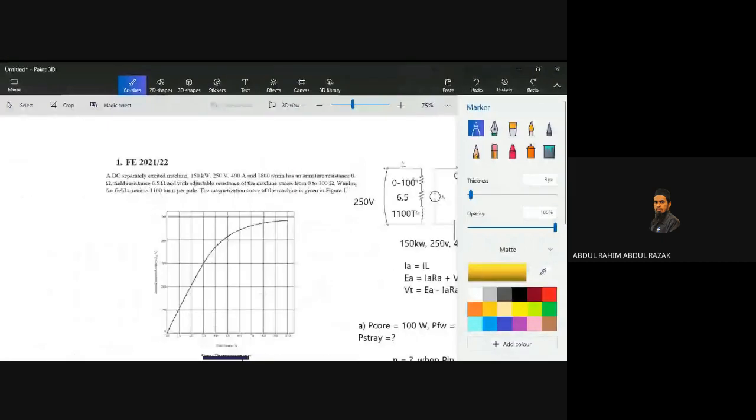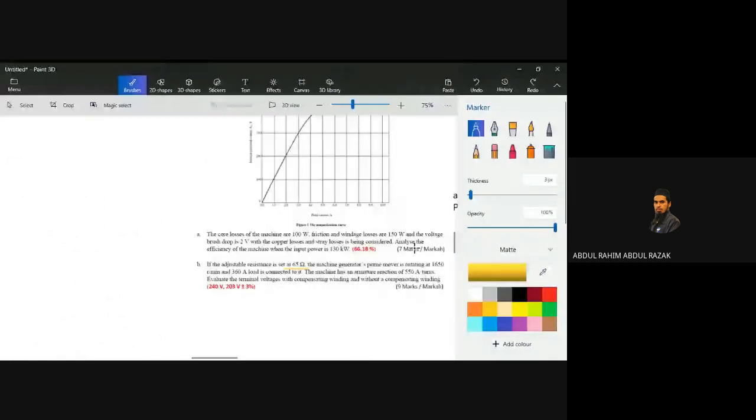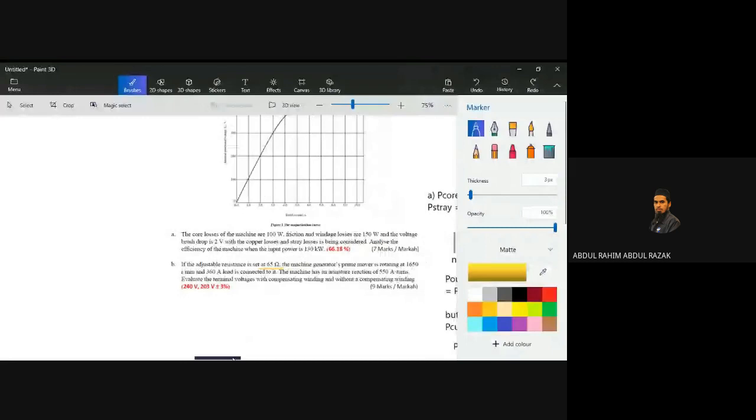Now we set at 65 ohm. Then instead of 1800 RPM rating, we just take the input is rotating at 1650 RPM.